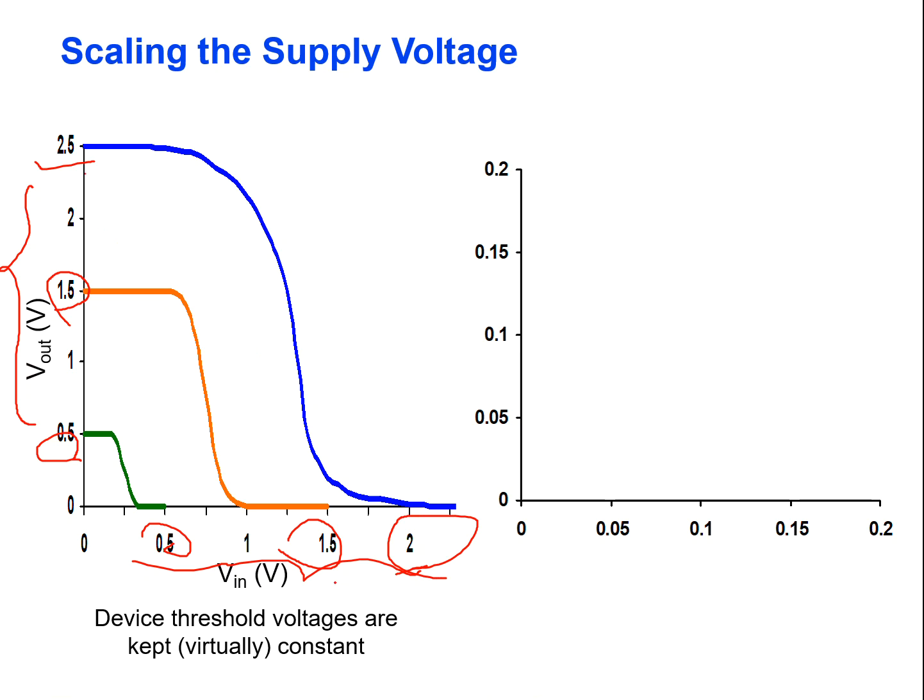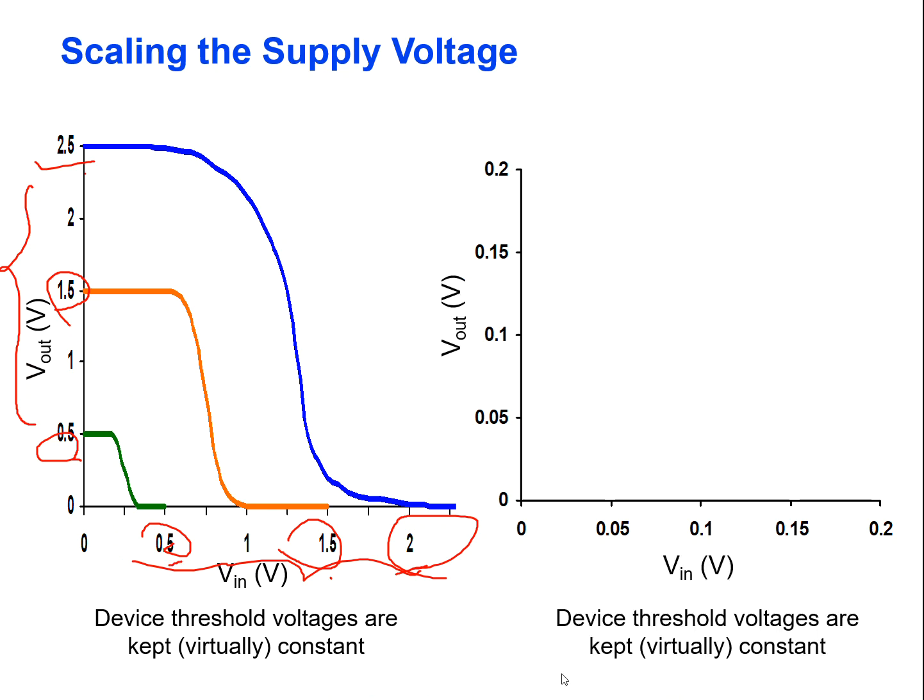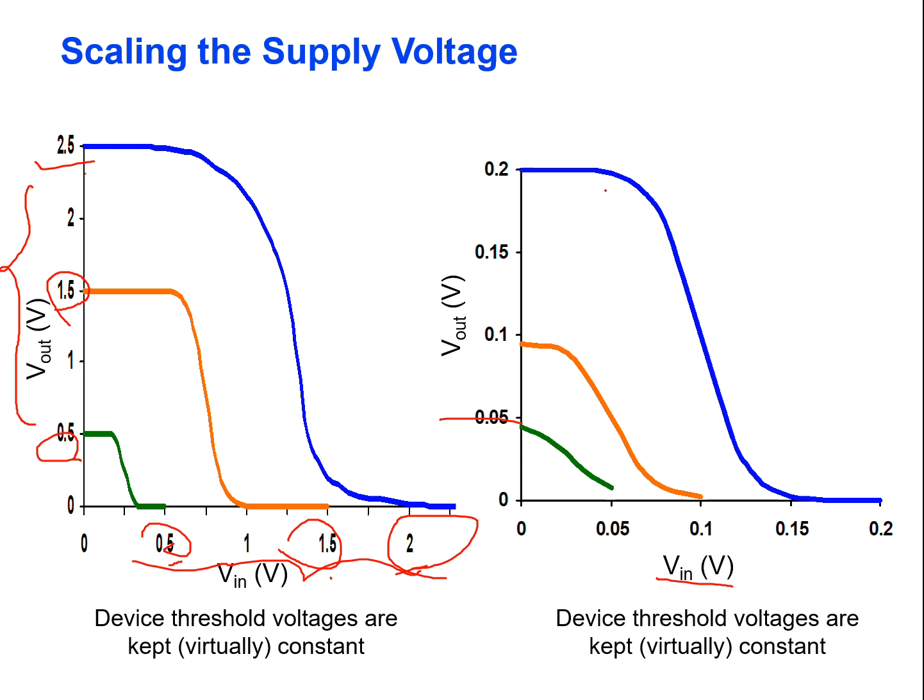If you have 1.5 as input voltage, your output is 1.5. If your input voltage is 0.5, your output is 0.5 volt. If you plot the output versus input voltage characteristic curve for this, then for higher voltages the output voltage is higher. And for lower values, see, for the red mark of your input voltage, the output versus input voltage transfer characteristic curve value is reducing.